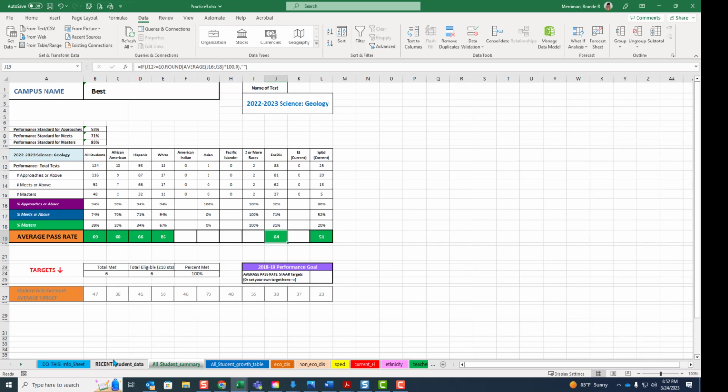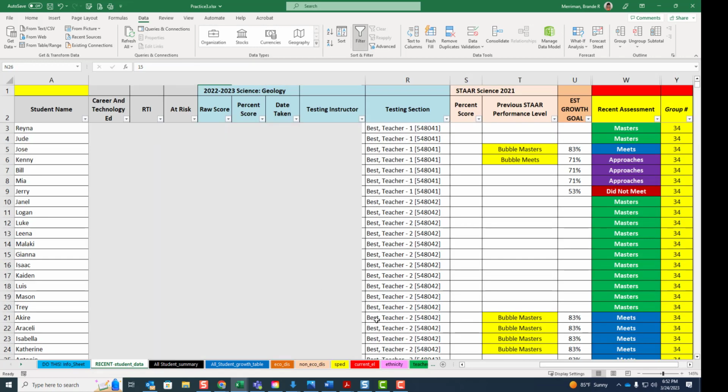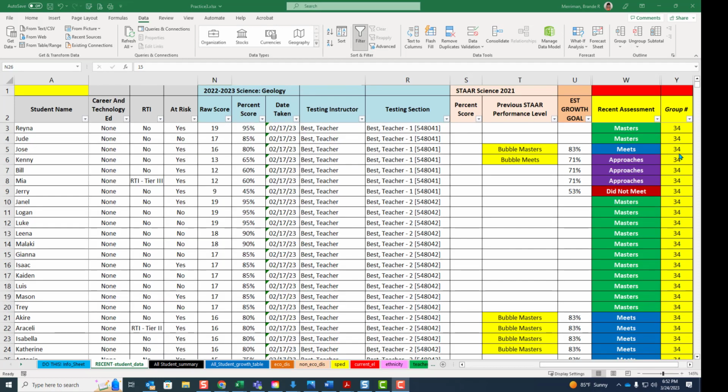And then also on the student list, we have their goal for the next level. For example, if they're currently at the masters level, there's no goal because they're already at the highest level when it comes to performance. If they're at the meets level, it's going to give you the goal for getting to masters.